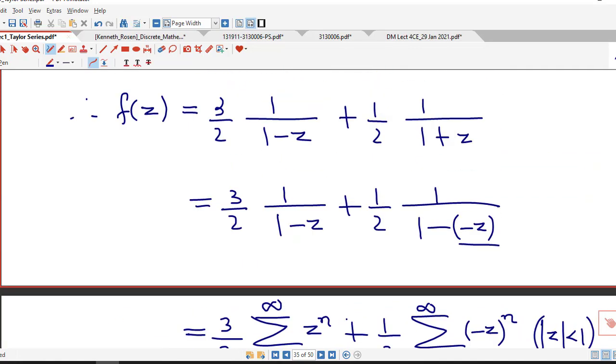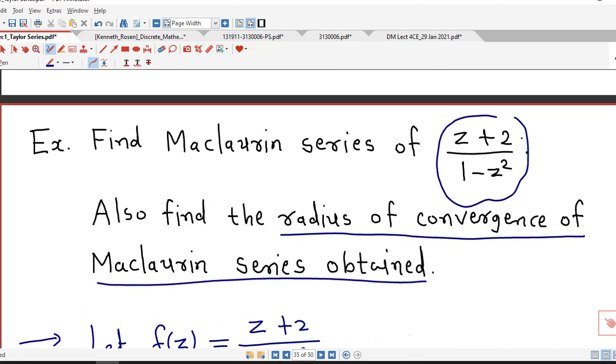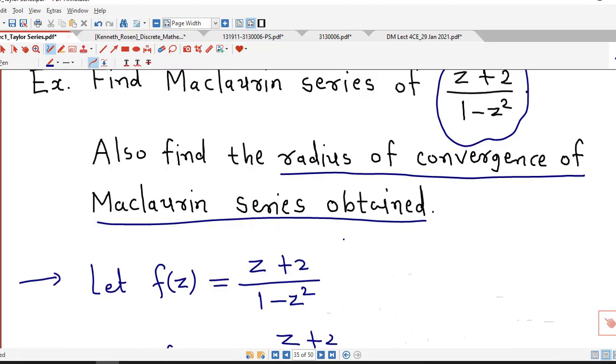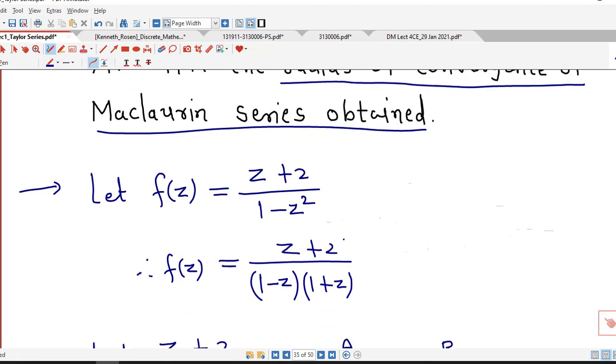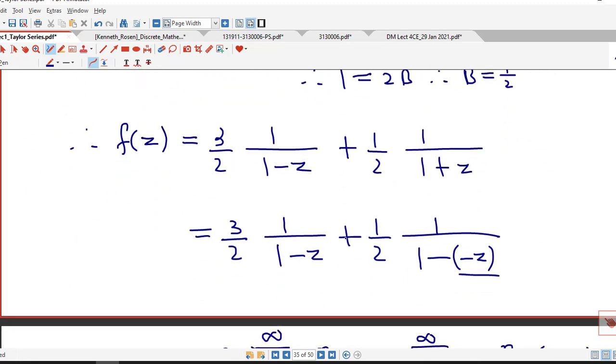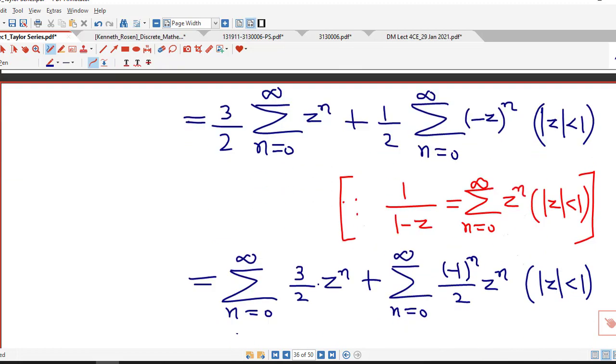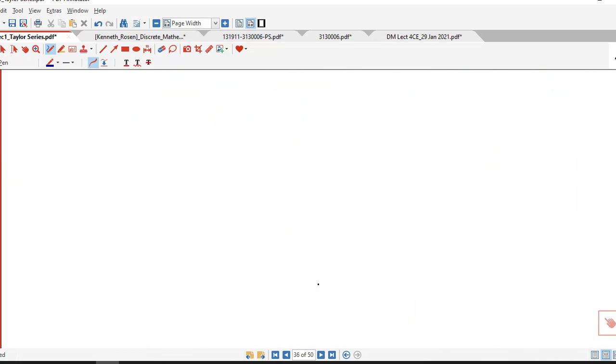So in this way we can find the Maclaurin series of this type of proper rational functions using the standard Maclaurin series. We first convert the proper rational function into a sum of partial fractions, and then we use the standard Maclaurin series of 1 over (1 minus z).